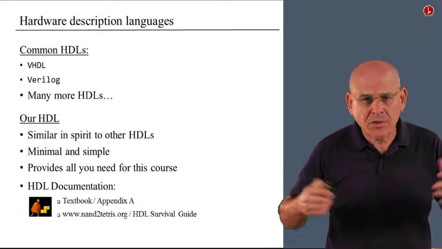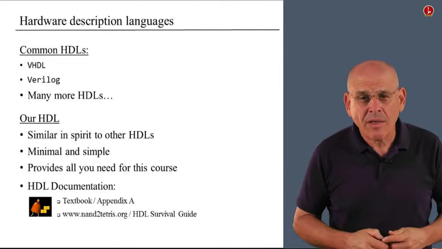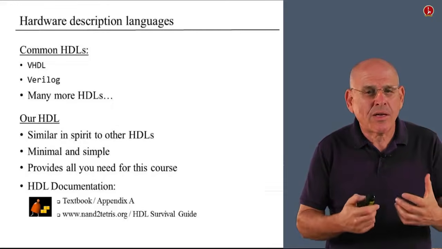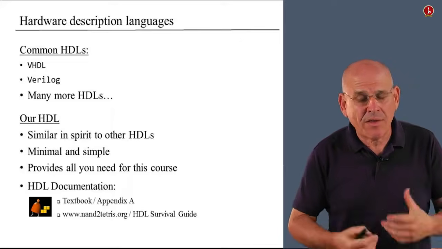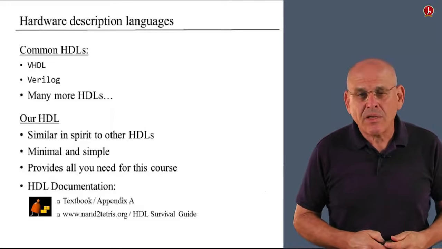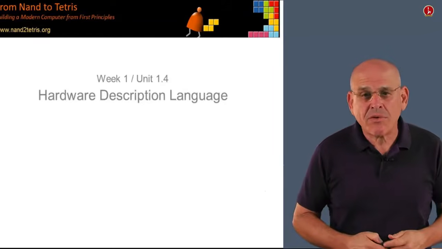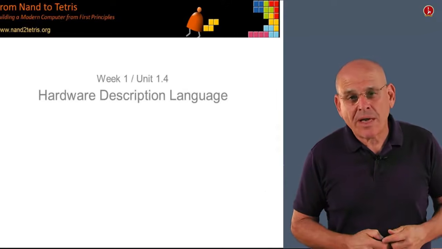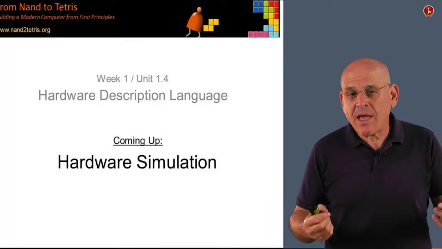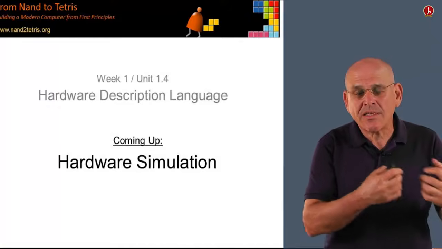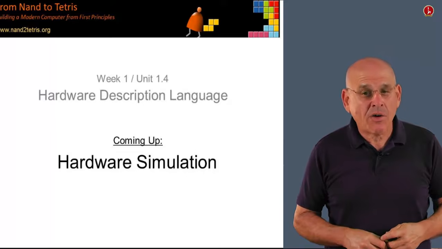And you may want to also take the hardware simulator tutorial and learn how to actually read HDL descriptions and execute the underlying logic of these HDL using simulation. So this has been the unit in which we gave you a primer of HDL, and in the next unit we'll describe once again how you can take your HDL designs and bring them to life within the context of the hardware simulator.